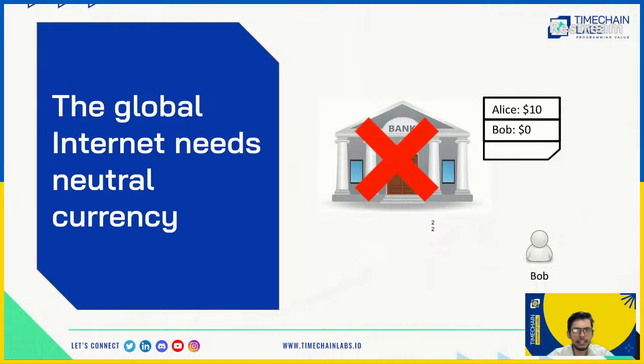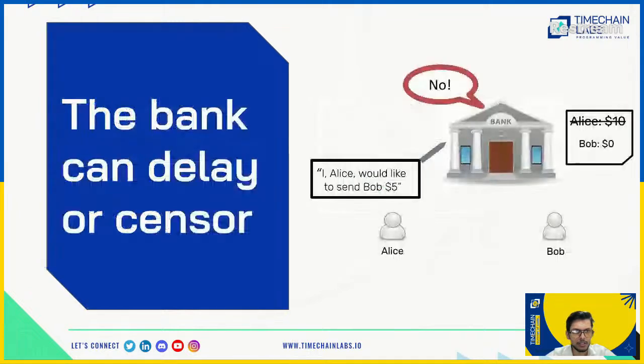So the global internet needs a neutral currency, and that's where the need for Bitcoin really comes in: a neutral currency which does not have bias towards India or Japan or the US. It behaves as a neutral currency that can price data and functions for the data economy, for irreversible payments, for irreversible services on the internet, which can be used to make up the data economy. So that's what really sprouted the need for Bitcoin to come about.